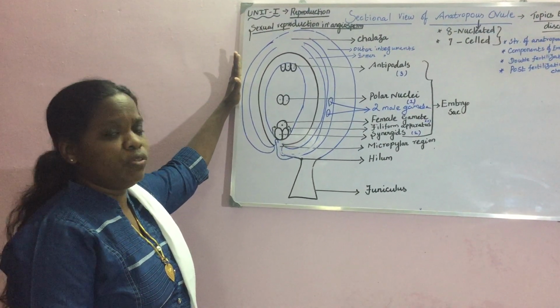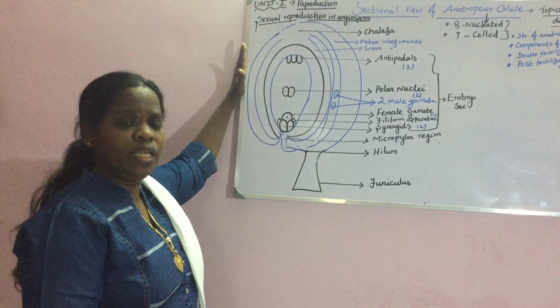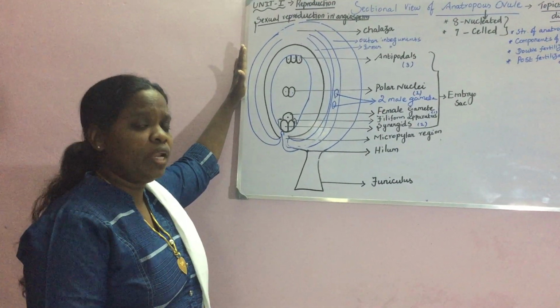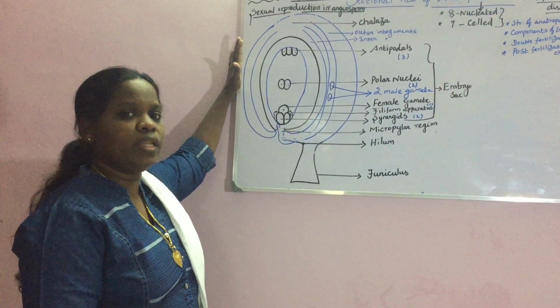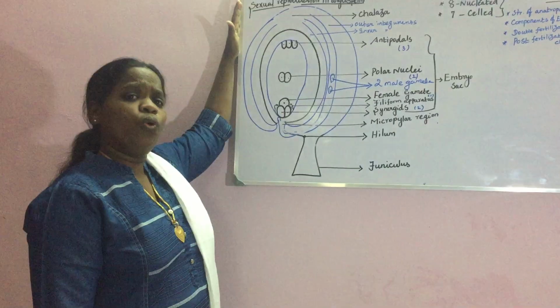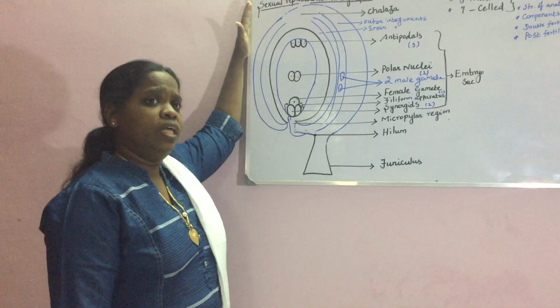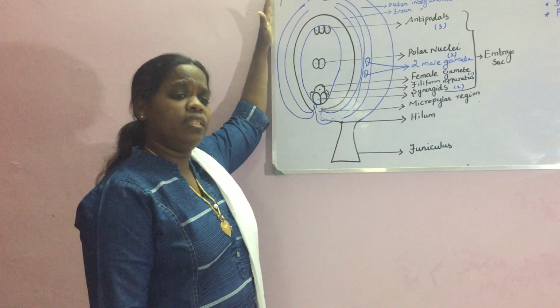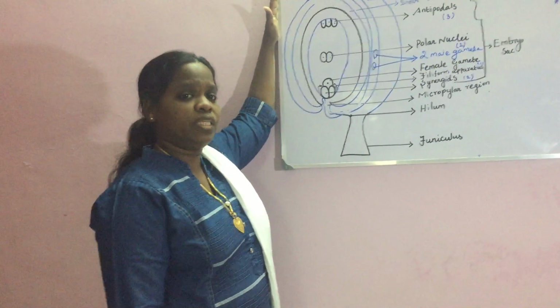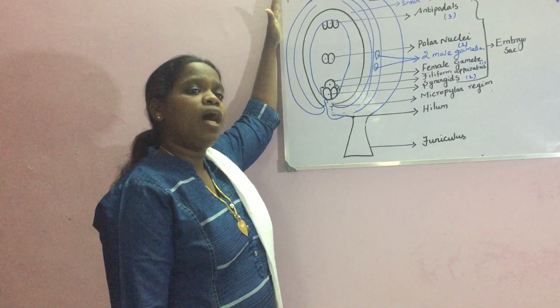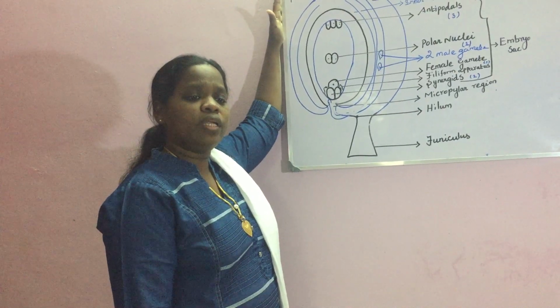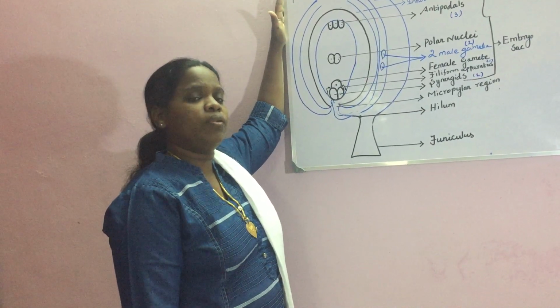Before that, you should know that in a plant there are 2 reproductive organs. One is called the ovary, which is the female reproductive organ, and the male reproductive organ is the anther.